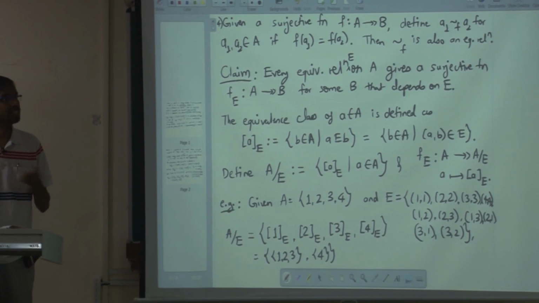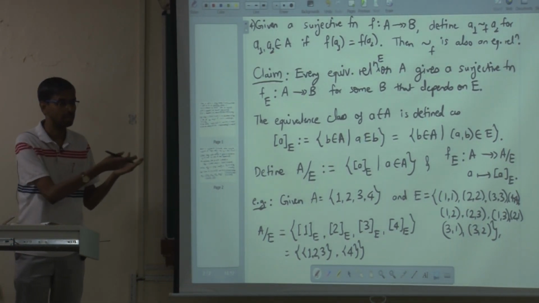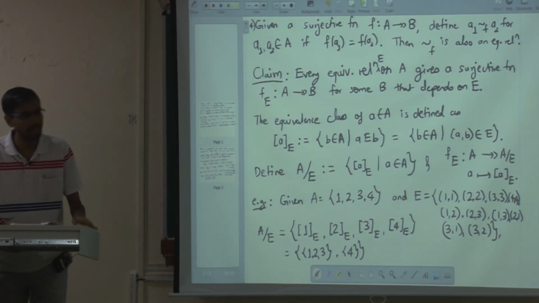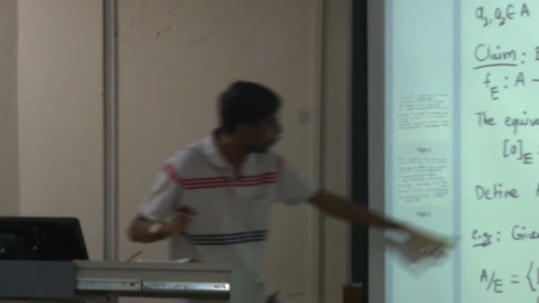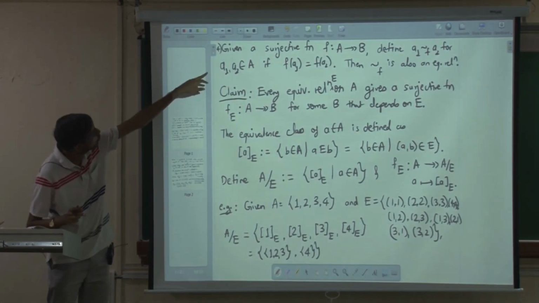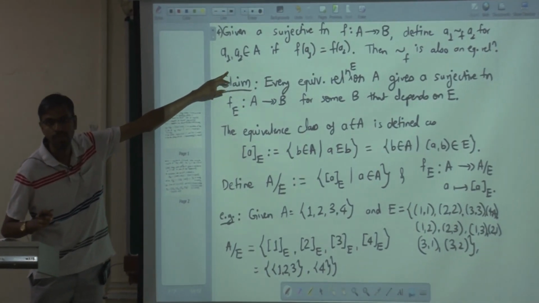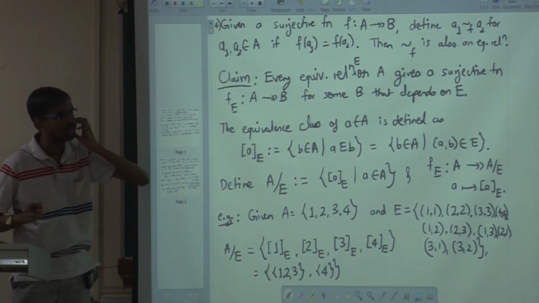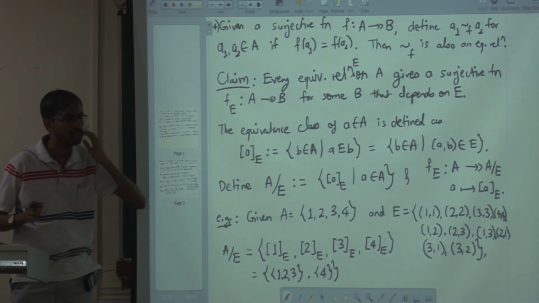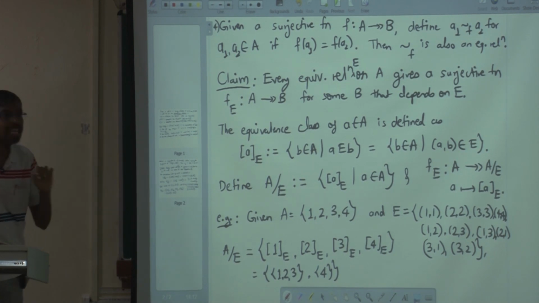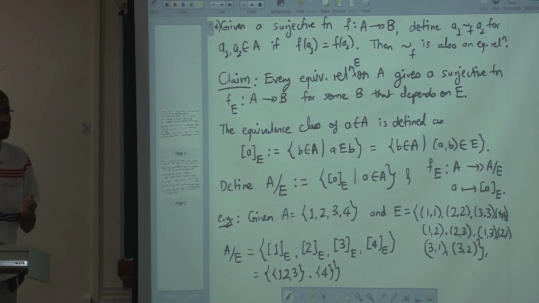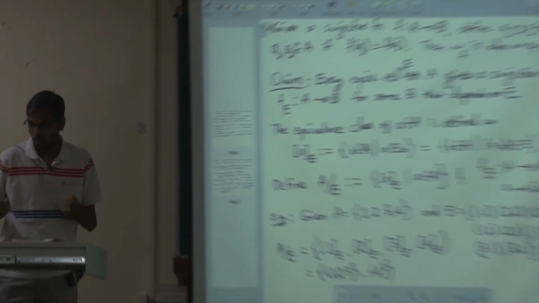So this is a surjection, you already know what a surjection is. But for this particular surjection, you do whatever is written in the first line. Did you write it, the set {1, 2, 3} and the set {4}? Because what is the equivalence class of 1? {1, 2, 3}.